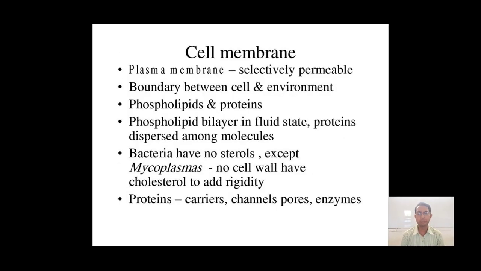Now moving to the next parameter in a prokaryotic cell, that is the plasma membrane. The plasma membrane is a selectively permeable membrane, and it produces a boundary between the cell and the outer environment. It is made up of phospholipids and proteins. So there is a layer of phospholipids, and along with the phospholipids there is a presence of proteins.